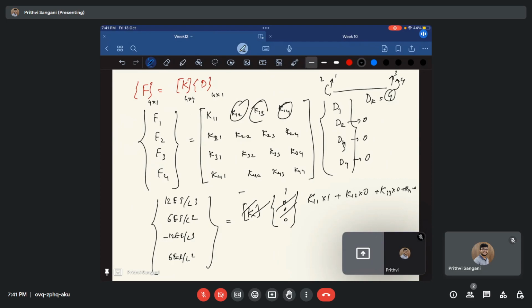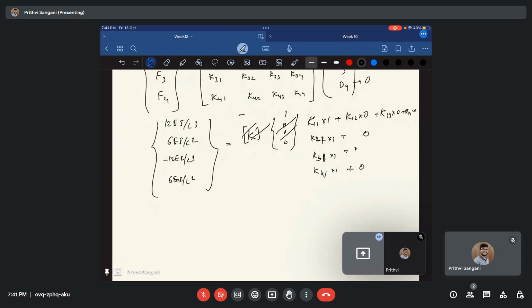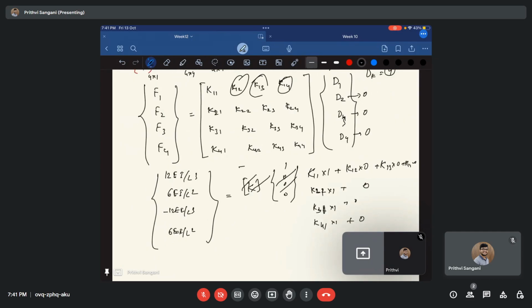Now this is K21, K22, K31, K41 plus zeros. Now you need to understand. So F1 is nothing but F11, F2 is nothing but K21, K31, and K41, and so on and so forth.